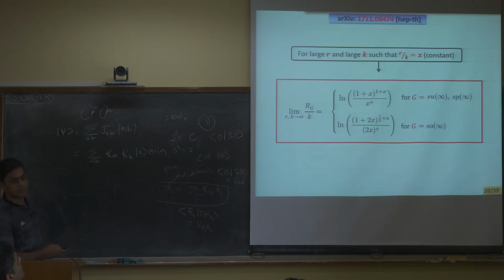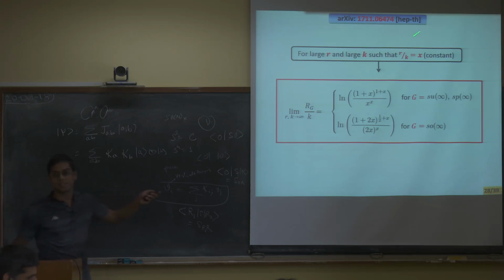The Renyi entropy here for the Hopf link is independent of the Renyi index. It's a log of the dimension of Hilbert space. No, this is the Renyi entropy, trace rho to the alpha. Here rho is constant, so it doesn't matter.